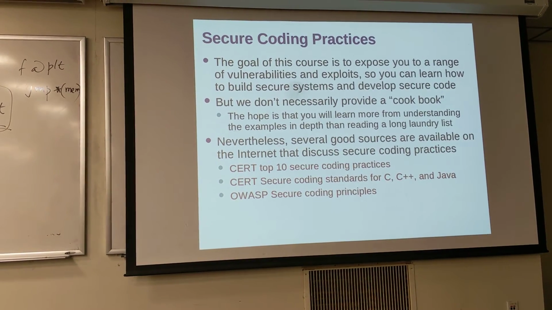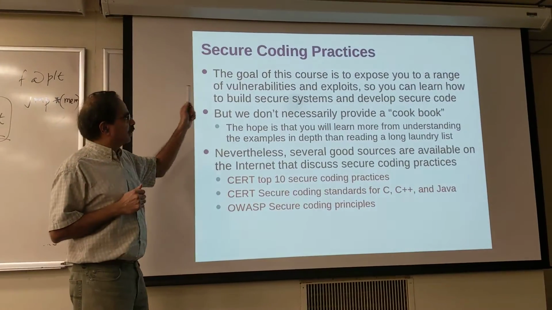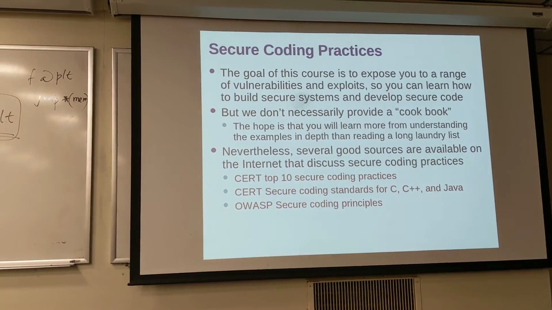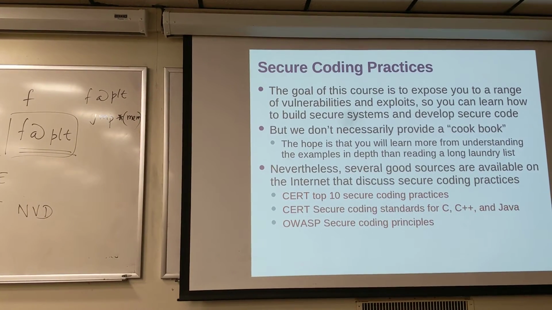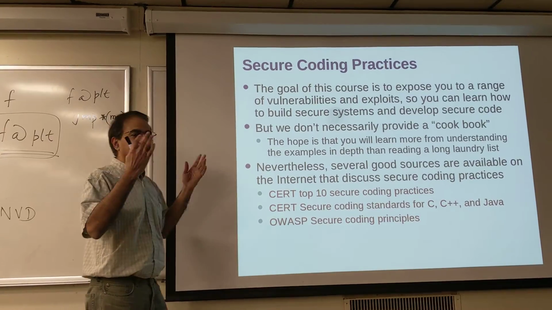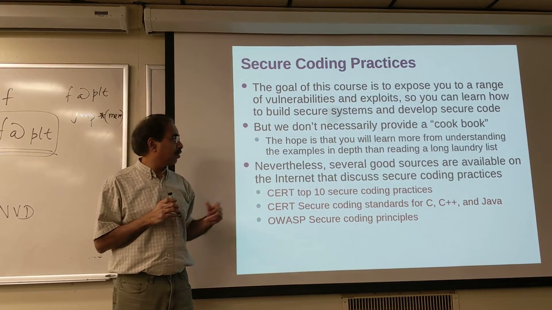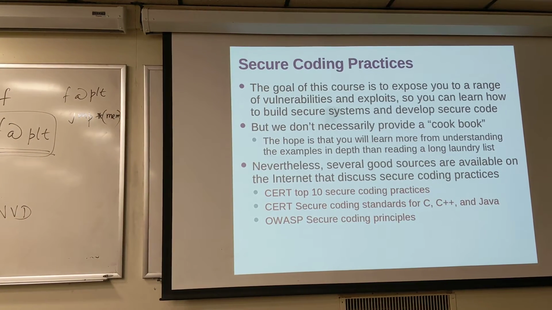And the reason why we don't give you a cookbook is because it's difficult to give you a complete cookbook. I would rather give you many examples and have you develop a sense of how the attacker thinks, and then how I can make sure that I write my code in such a way that it is more robust against attacks.